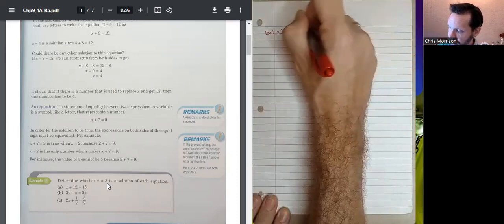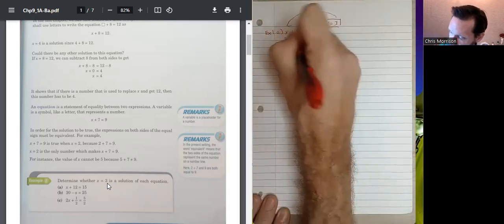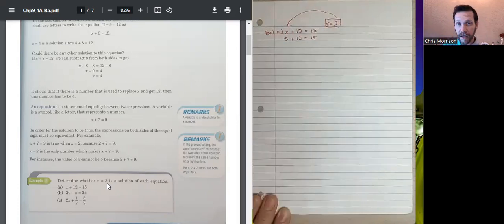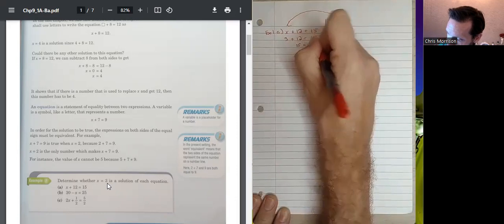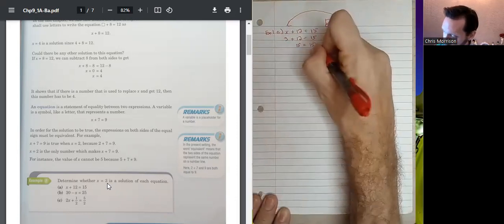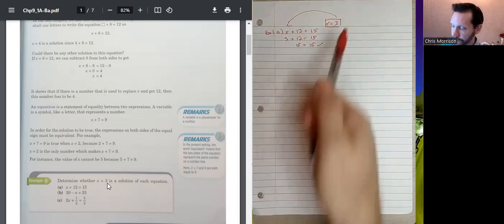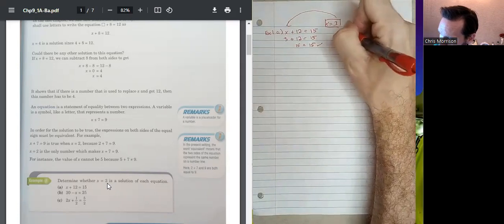So let's substitute 3 in. We rewrite that as 3 plus 12 equals 15. 15 equals 15. That's true. So it checks out. X plus 12 does equal 15 if X equals 3. Pretty simple.